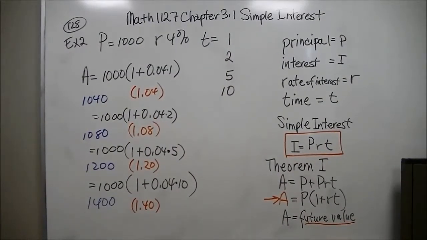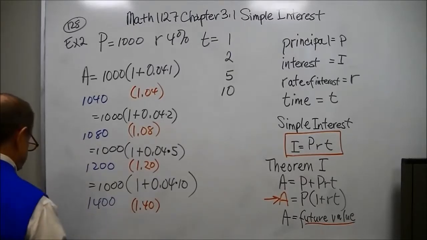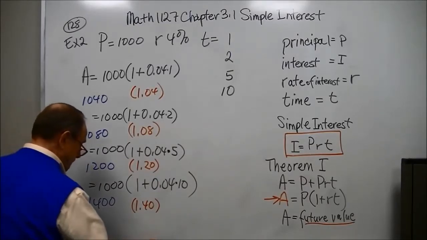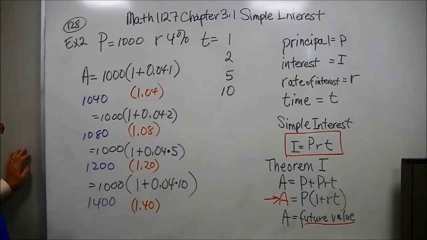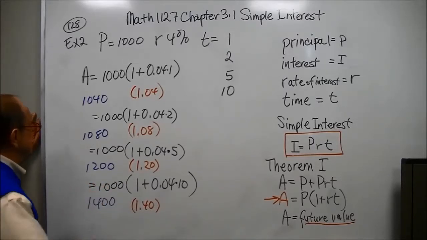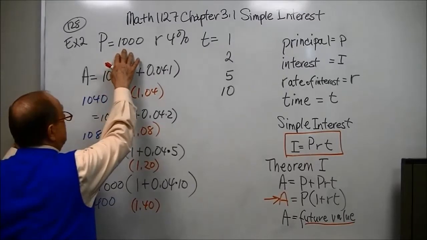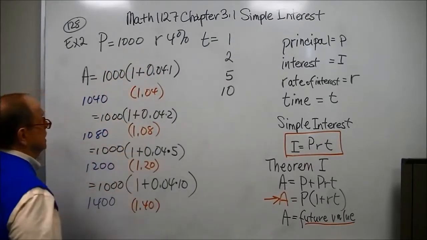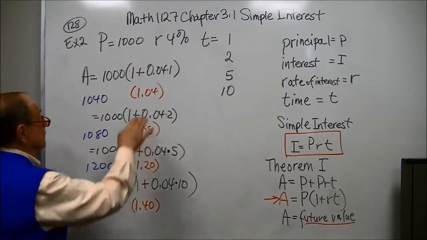As we continue, example 2, they're asking us kind of an interesting question. They often ask this type of question in Chapter 3. Here, a relative is borrowing $1,000 at a very good rate of 4%.